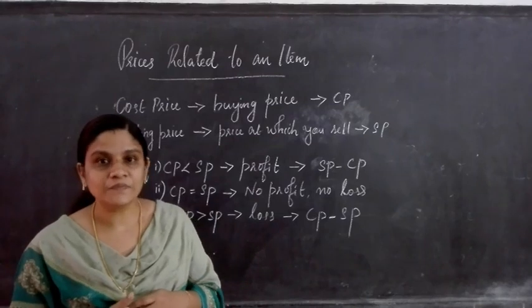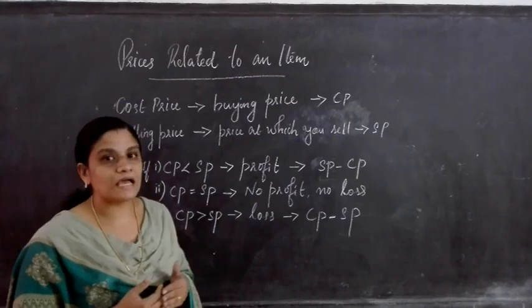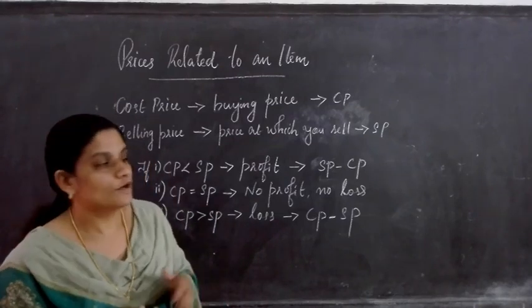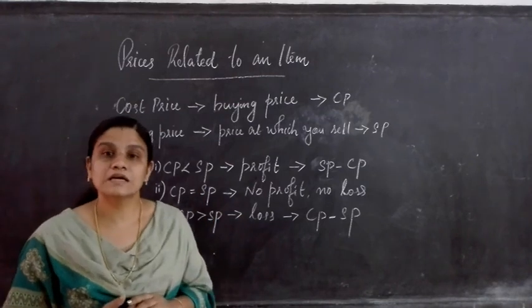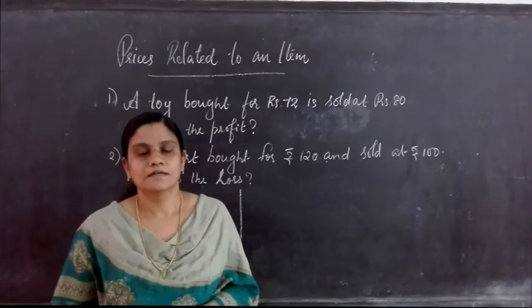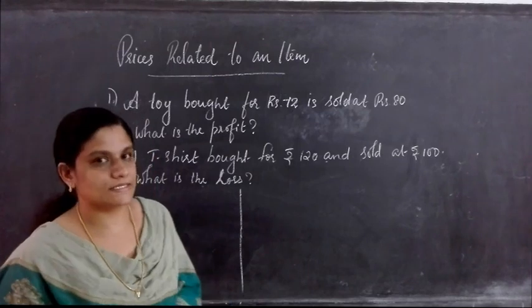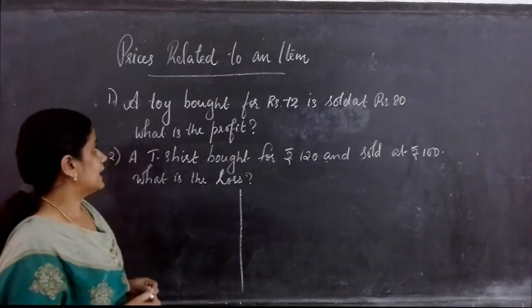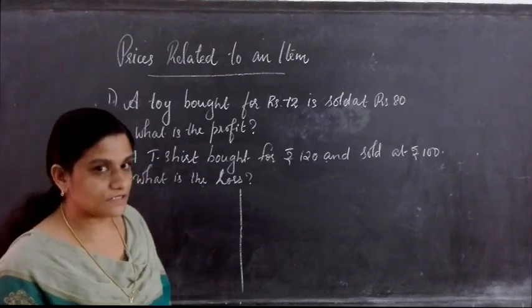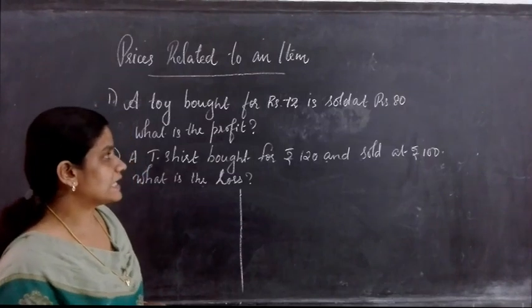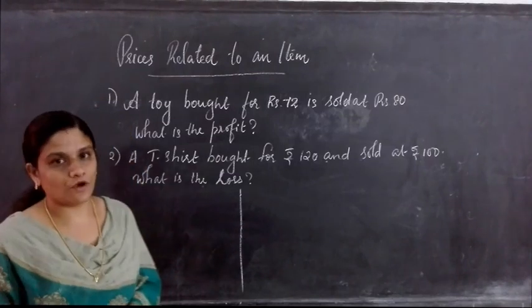So that is cost price, selling price, profit and loss. Now let us see a few questions. The first question is, a toy bought for rupees 72 is sold at rupees 80. What is the profit?